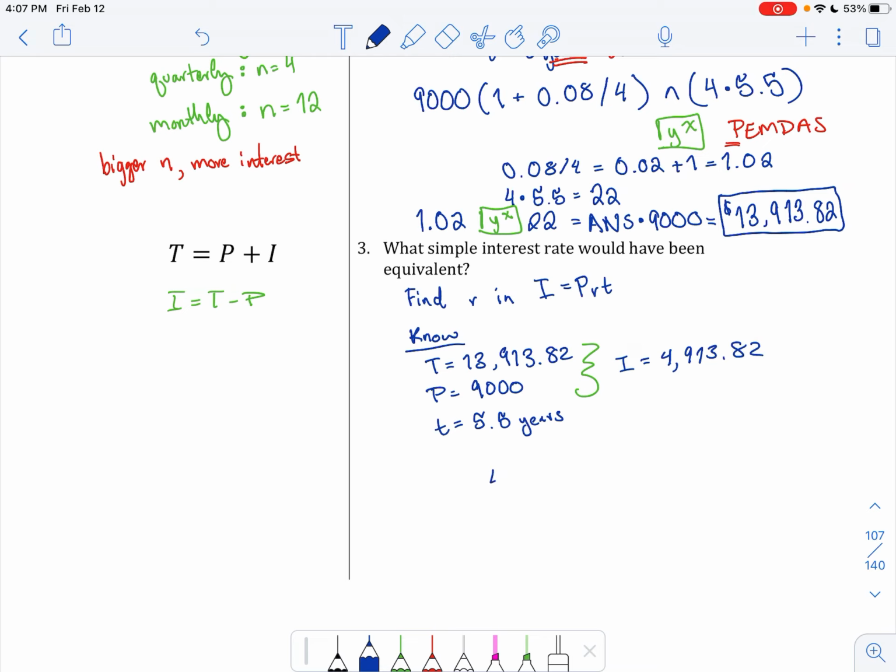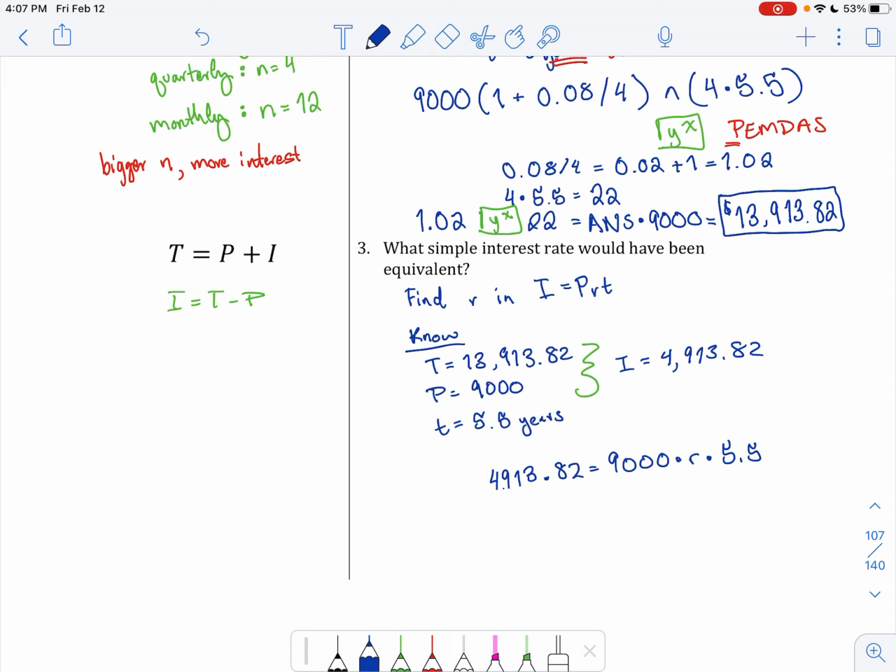So the equation we want to use: $4,913.82 is equal to the principal, 9,000 times R times 5.5.